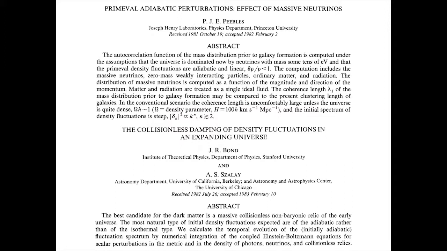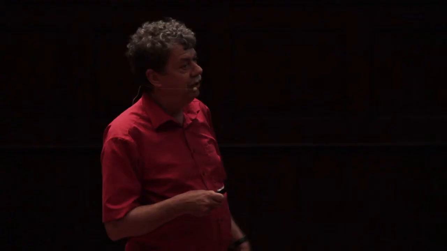And you can see here already, Jim concluded that in the conventional picture, the coherence length is uncomfortably large. So what he saw, even when he first calculated with this, was it looked too big for him. He didn't make a very strong statement, because he was calculating what happens in the smooth universe before the nonlinear objects form. But he already saw that this looked uncomfortably big.